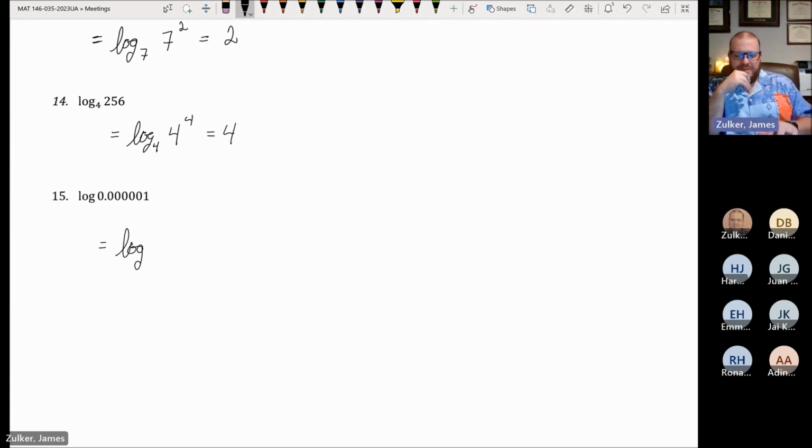Not 1/100. So remember, this is called the common log. So what is the common base? Base 10.